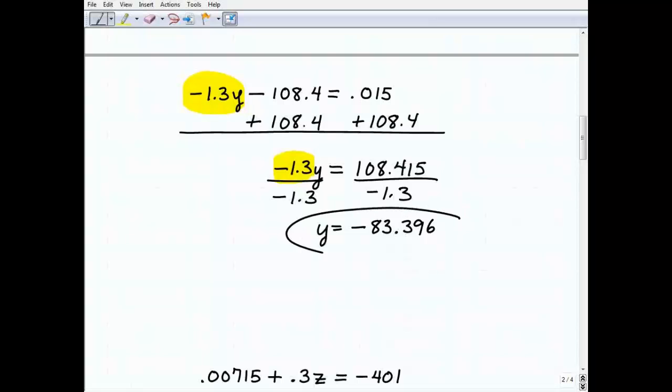I didn't tell you how many digits to round off to, so that's fine. I just want to give you enough to make sure that you're getting the same answer as I'm getting. So there you go. Negative 83.396 would be the solution to that problem.